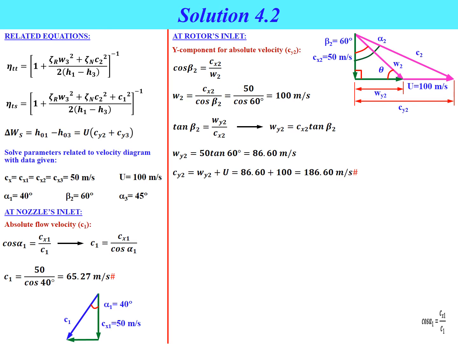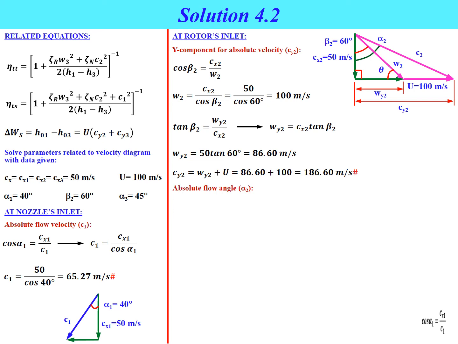Okay, and from the value of Wy2 we can determine the Cy2 component, where, if you refer to the velocity diagram, Cy2 equal to Wy2 plus u, and we will obtain the value of Cy2 equal to 186.6 meter per second.